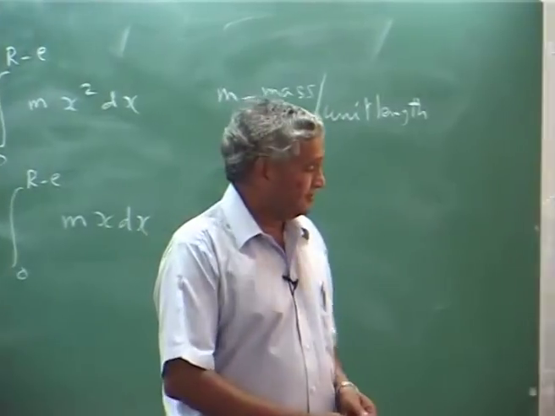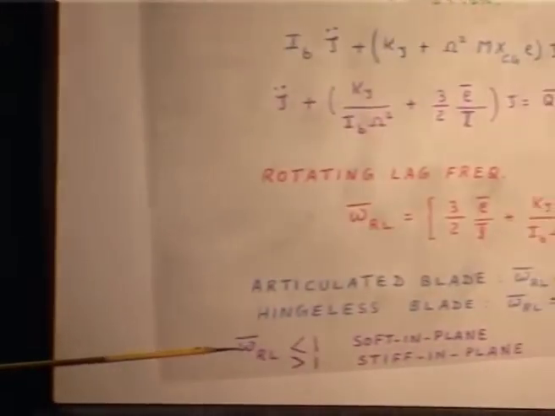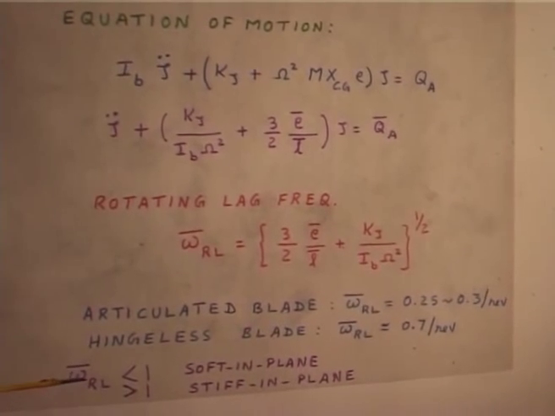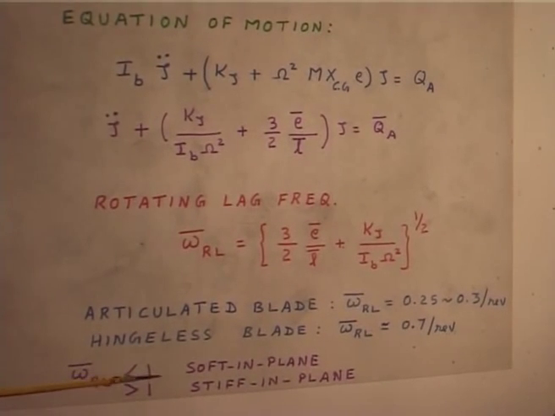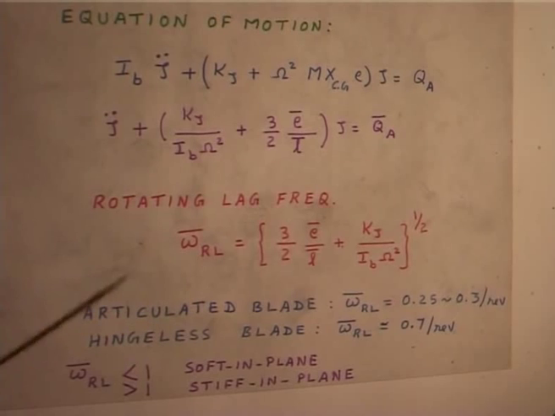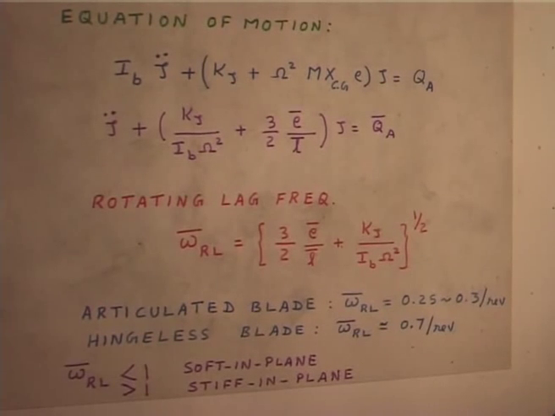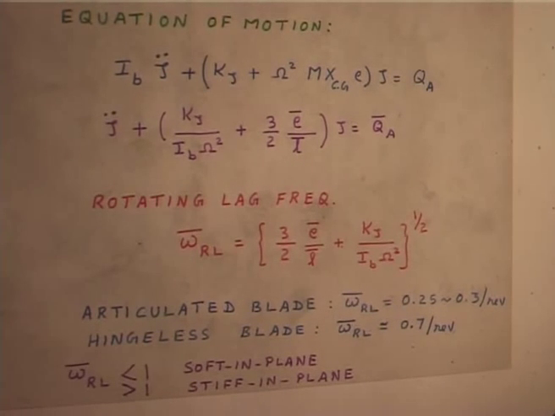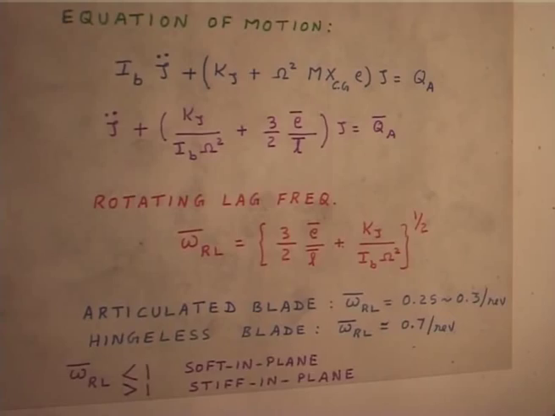So, this is the terminology. If omega bar rotating lag is less than 1, this is called soft in plane blade, okay. If it is greater than 1, it is called stiff in plane blade, okay.